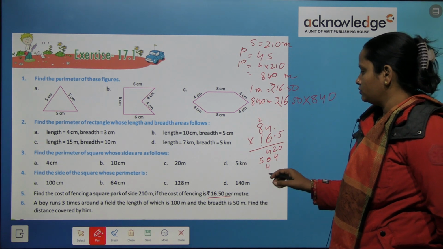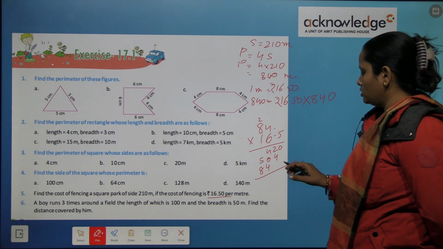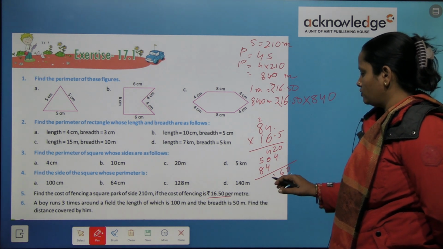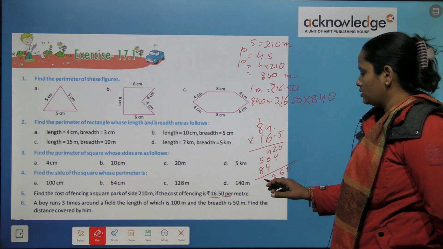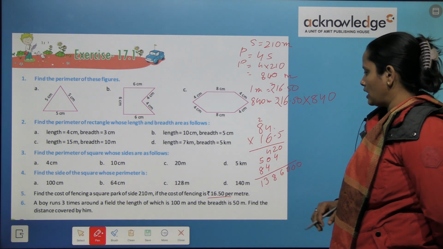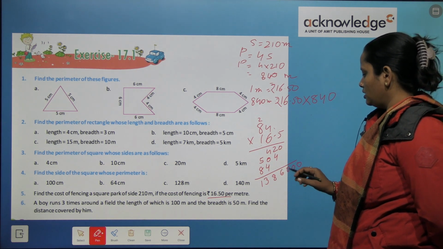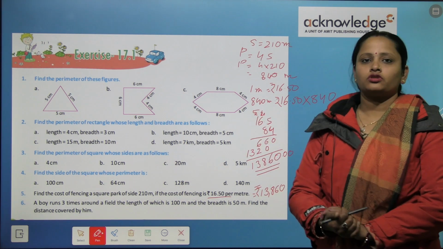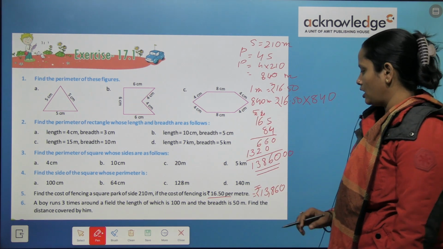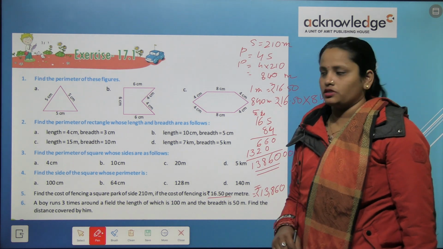Again, so here when we add it, we get, now let's add 2 zeros that we have added. Here decimal is to be inserted. So children, this is the answer and the total amount is 13,860 rupees.